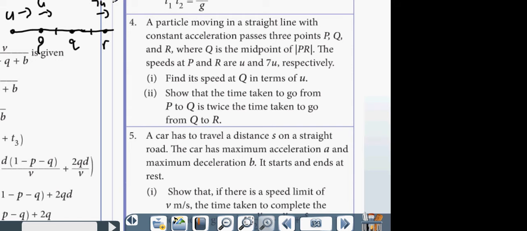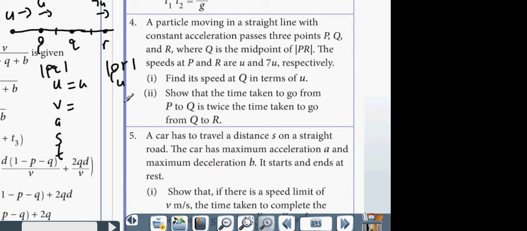Find the speed at Q in terms of u. Alright, I'm going to SUVAT both systems. I'm going to SUVAT P to Q first, and then I'm going to SUVAT P to R. Okay, so there's two systems. They're both u, aren't they?